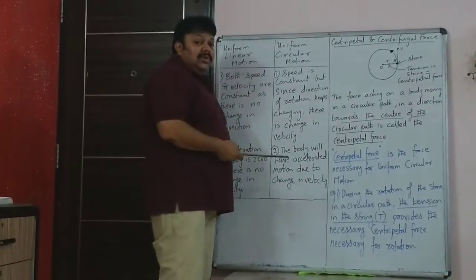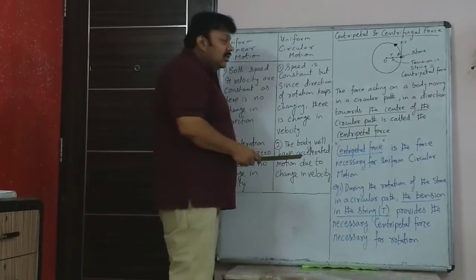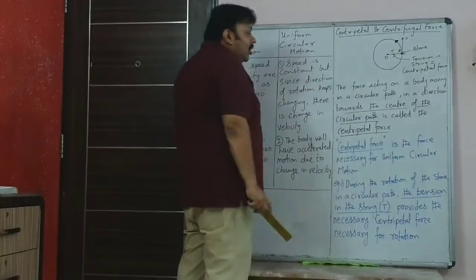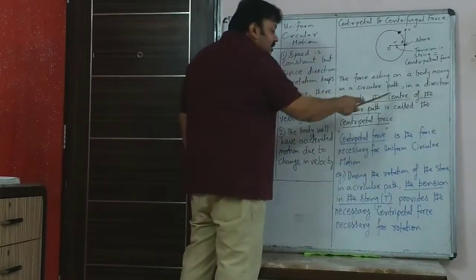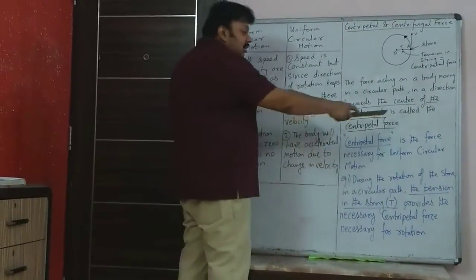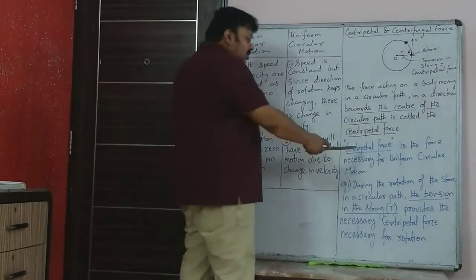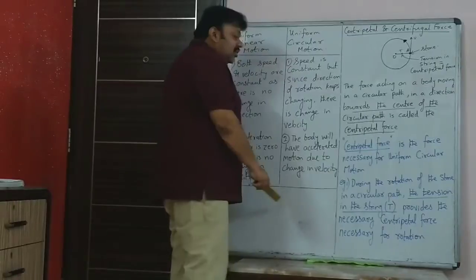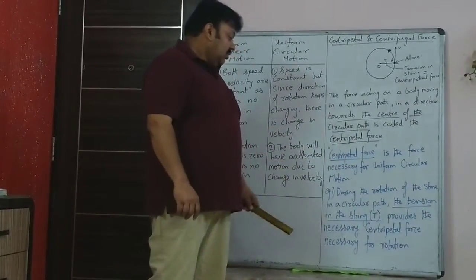Depending on the displacement, the position of the object and in which direction it is moving. So the force acting on a body moving in a circular path in a direction towards the center of the circular path is called the centripetal force. Centripetal force is the force necessary for uniform circular motion.